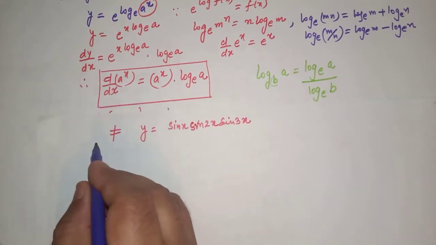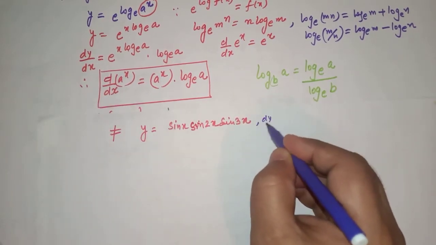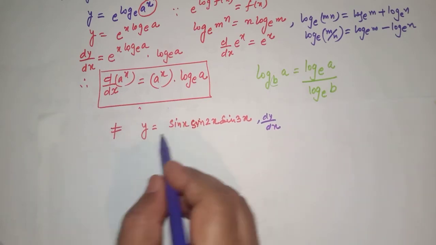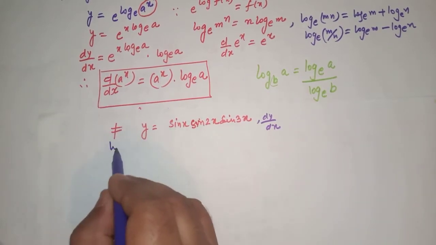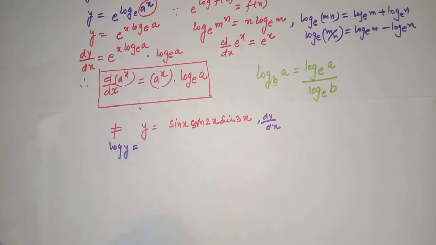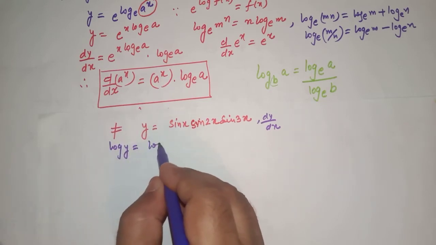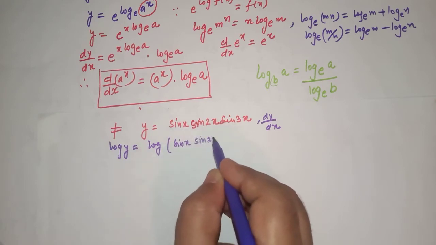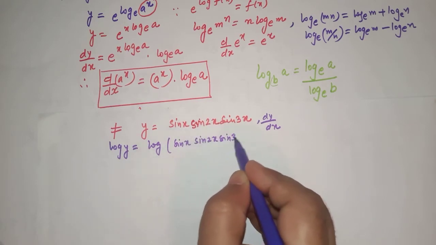We have to find the derivative of y with respect to x. So we will take log of both sides. So we will get log of y equal to log of sin x, sin 2x and sin 3x.